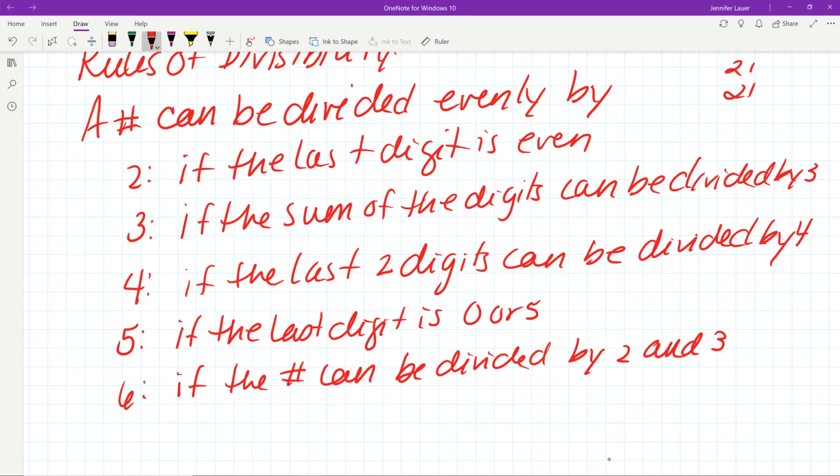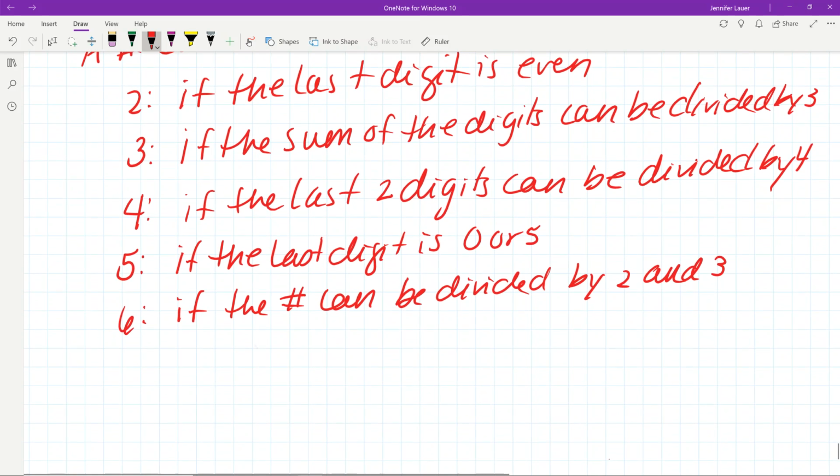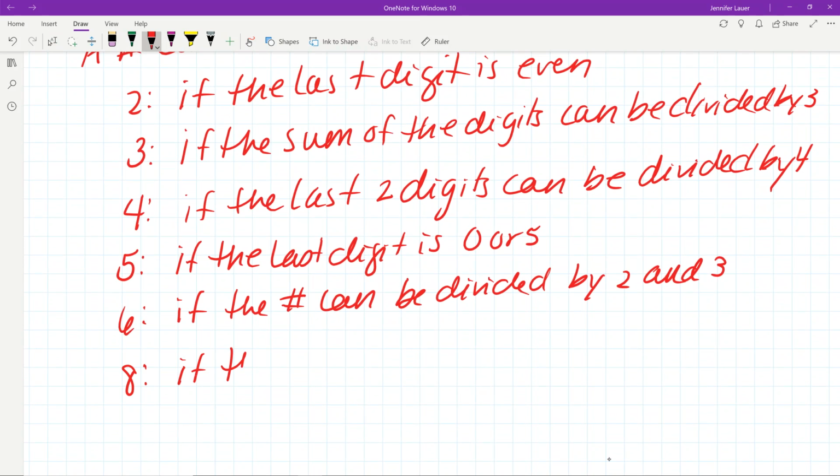Okay? 7, unfortunately, there's not a rule. 8 there is. This is if the last 3 digits can be divided by 8.